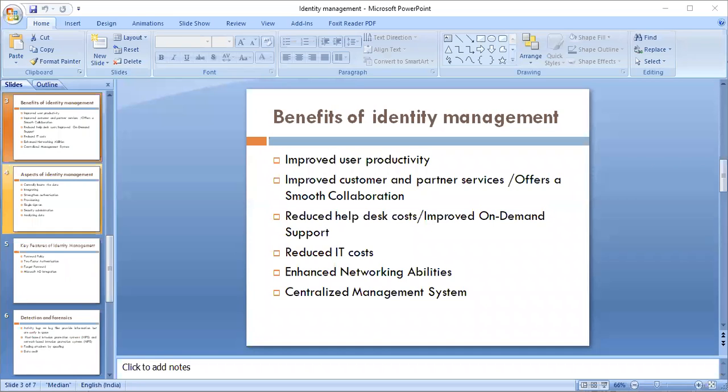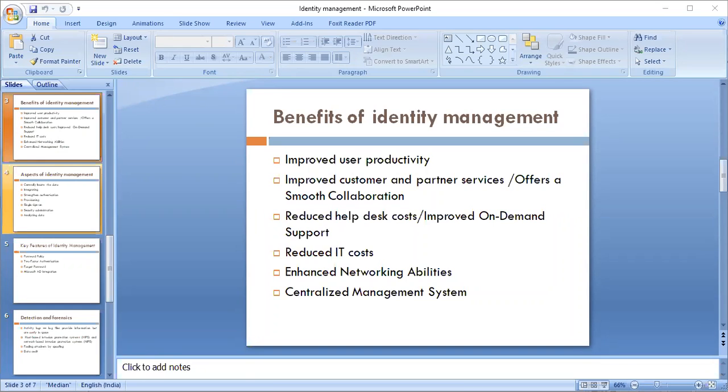So it is possible to centrally maintain all the authentications, and all the identity management will be done with a single click on a single dashboard.